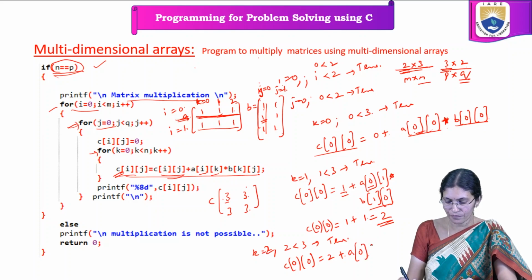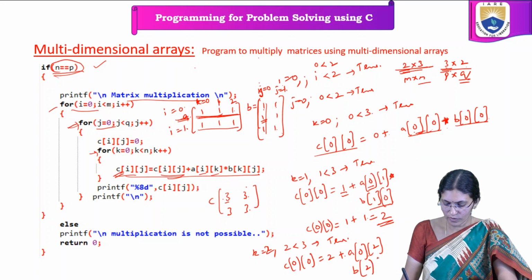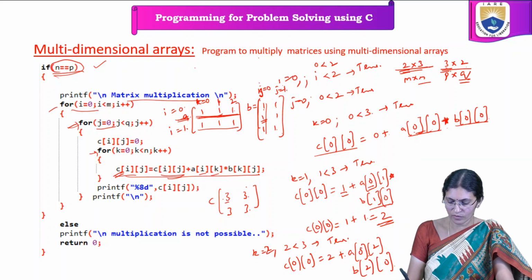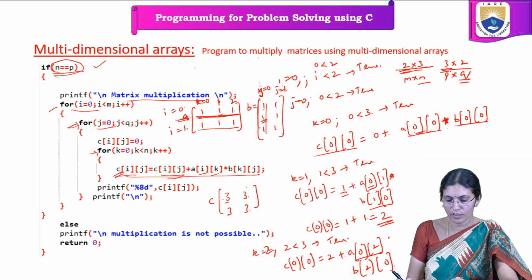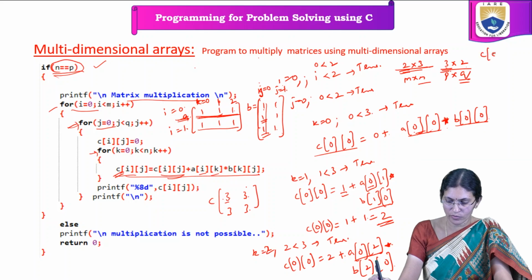I is the same, k is iterating, so k is equal to 2. B of, now k value is 2 and this one is 0. So A of 0, 2 and B of 2, 0 is equal to 1. So 1 plus 1 into 1, these two are multiplied. 1 into 1 is 1, 1 plus 2 is 3. So C of 0, 0 is equal to 3.